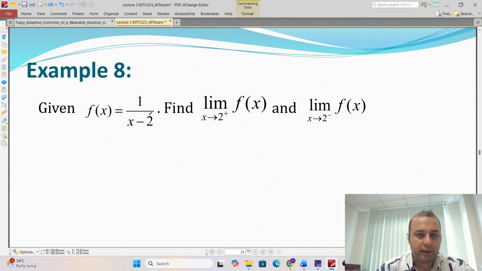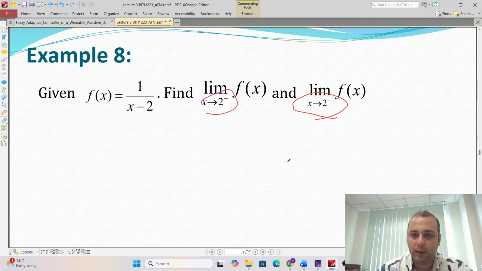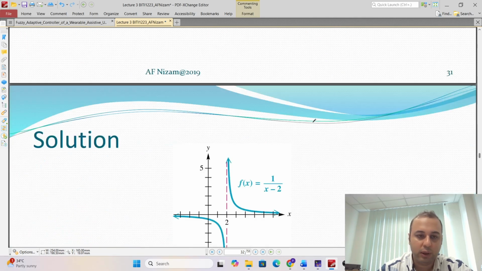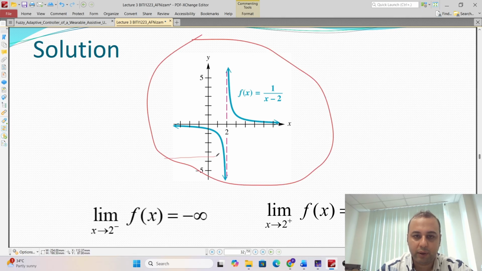Okay, another example. Given 1 over x minus 2, from the right and from the left, x approaches 2. Okay, let's see. Let's draw, we already have the visualization. You can see from the left or from the right x approaches 2.